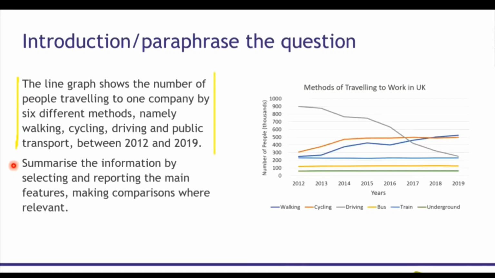So it always tells us to summarize the information by selecting and reporting the main features and making comparisons where relevant. Obviously, we don't need to paraphrase that. We just need to paraphrase this first section at the top, which is specific to this task.